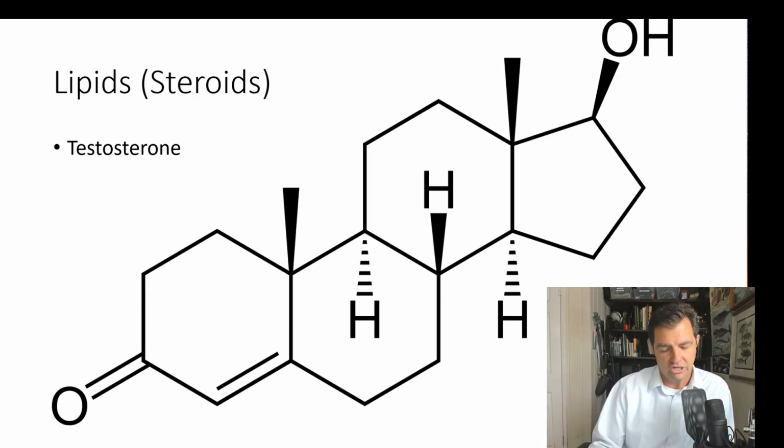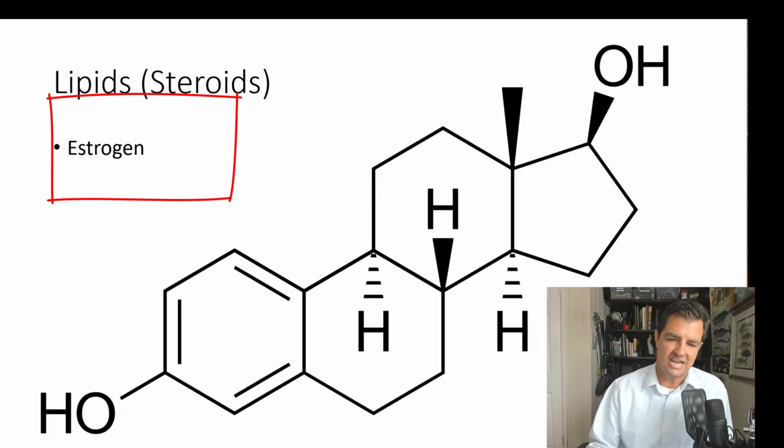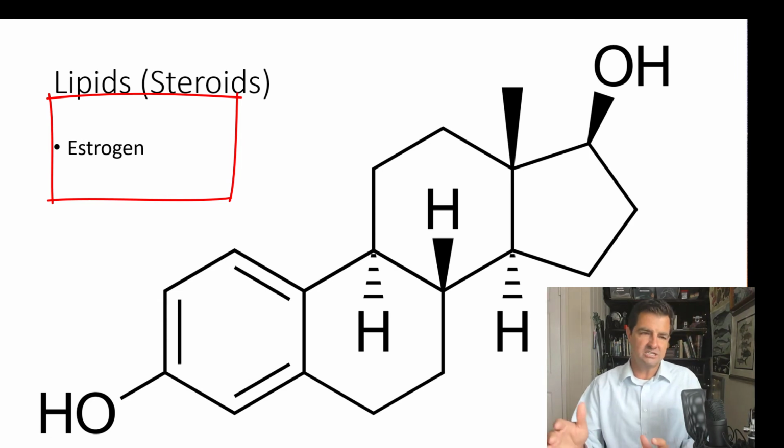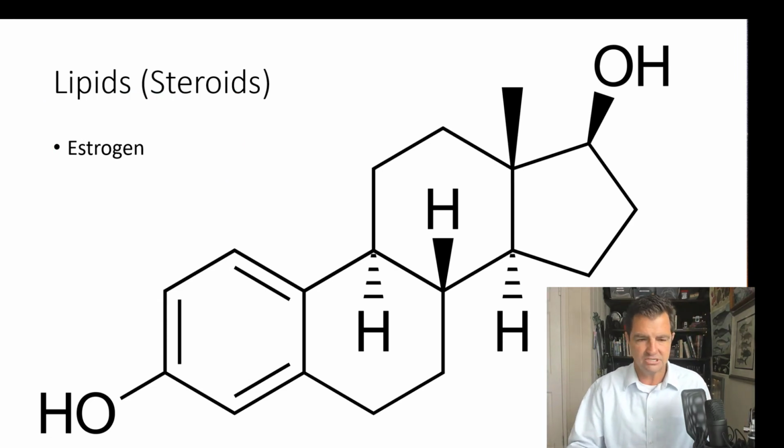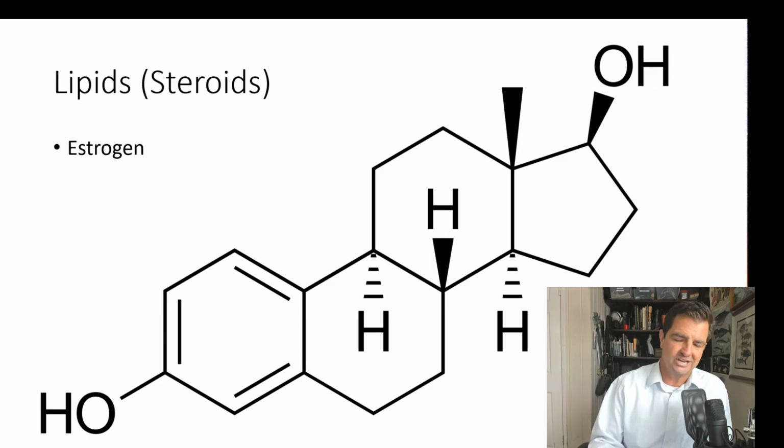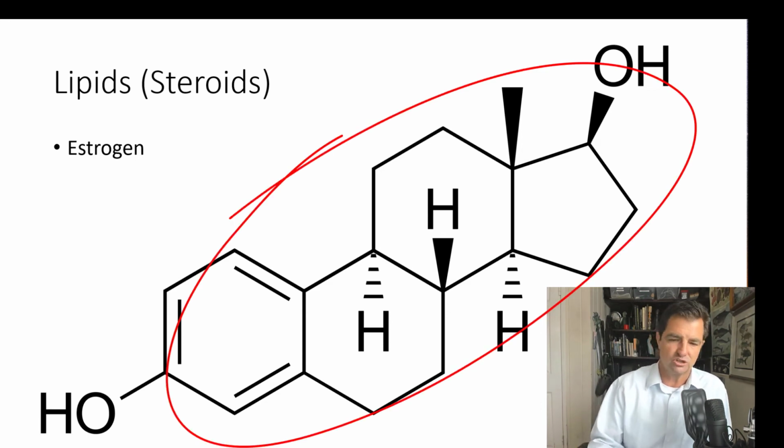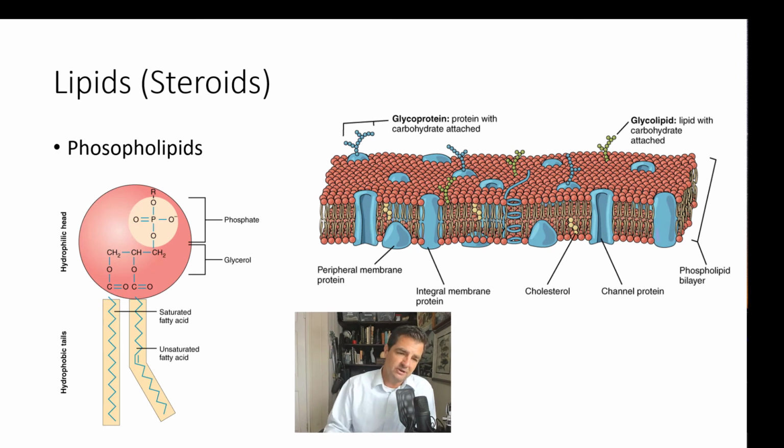You'll notice that cholesterol and testosterone look quite similar to one another, as does estrogen. So these lipid steroids are all quite similar in their very basic structures with those four rings and some modifications of those.